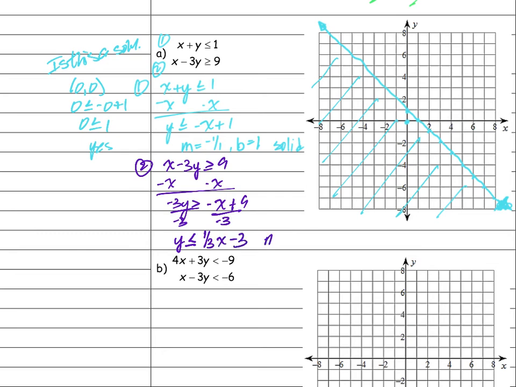So my slope is 1/3. My y-intercept is negative 3. And I have a solid line. Okay. So negative 3 is here. Up 1, 1, 2, 3. 1, 2, 3.